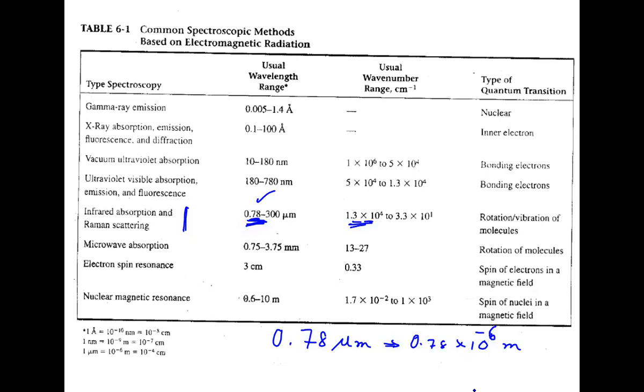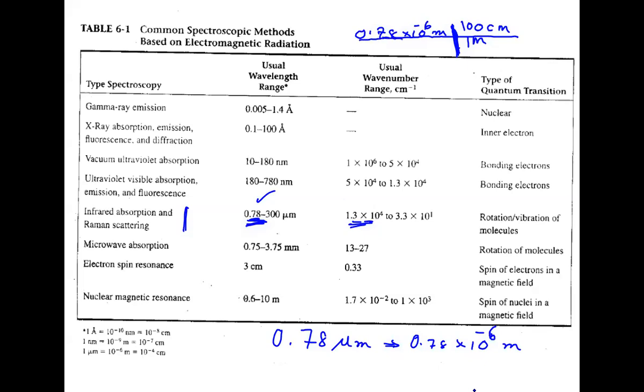Let me write it here on top again: 0.78 times 10 to the minus 6 of a meter. Now tell me what to do. We want to change it to centimeters first, right? So 1 meter is 100 centimeters, a simple conversion.